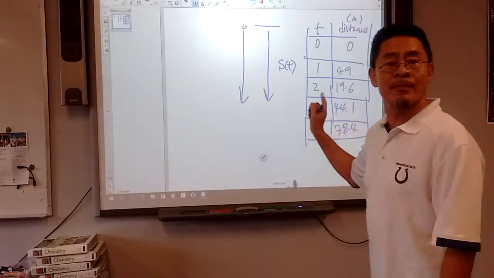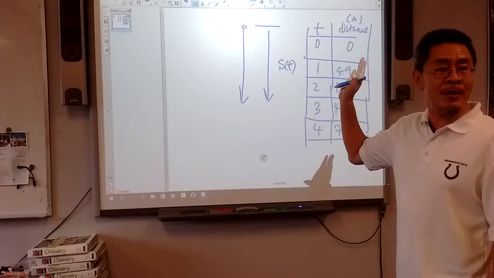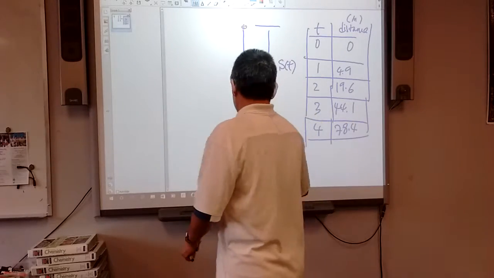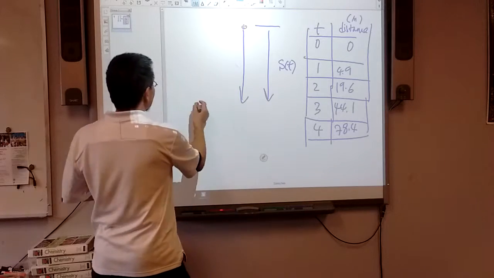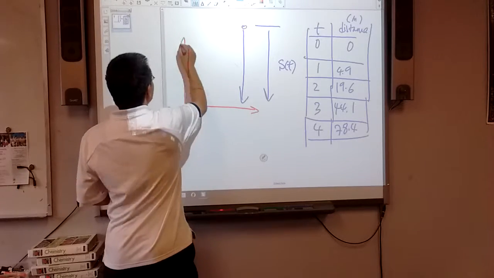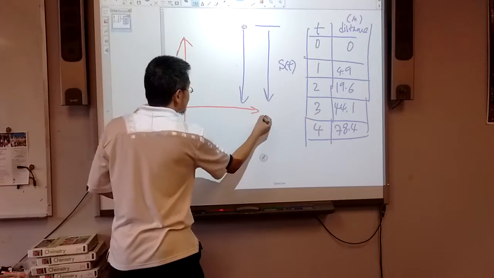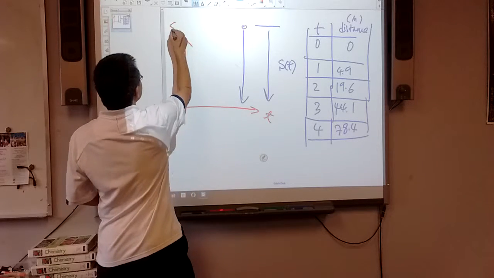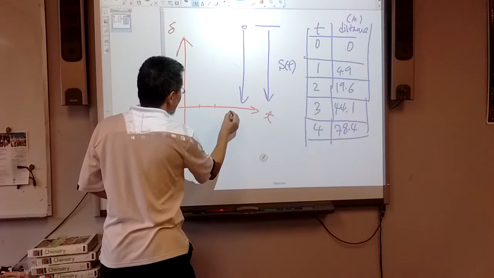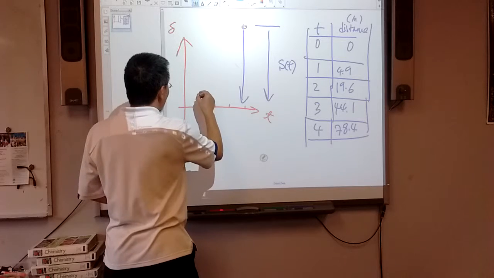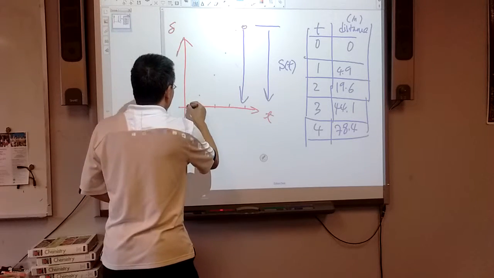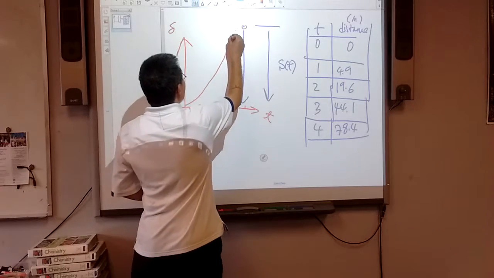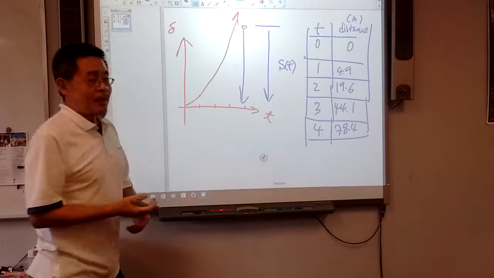So each one is a point in the Cartesian graph system. So we go down this one. We go down this one. And if we plot it, this is T, this is S. So 1 second, 2 seconds, 3 seconds, 4 seconds. We end up with something like this, okay?